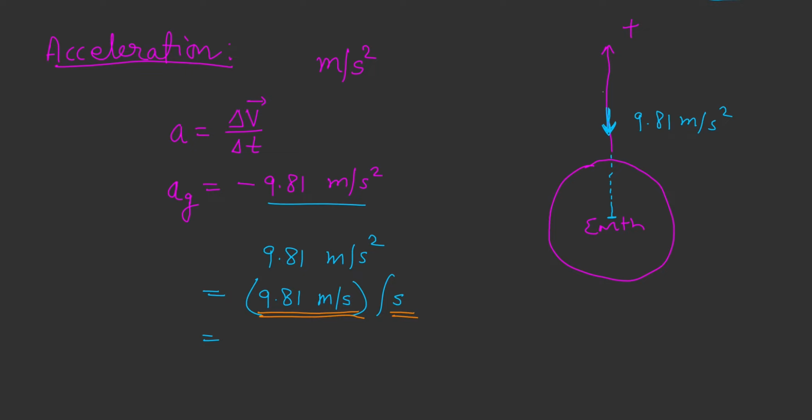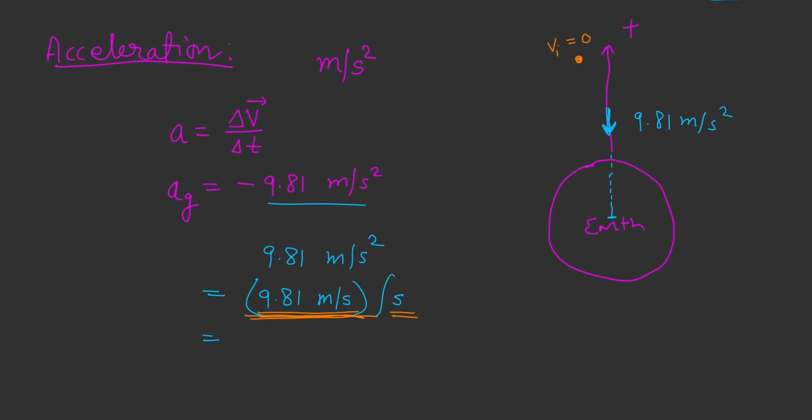Suppose you have an object and it is dropped from a certain height above the Earth. Its initial velocity Vi is 0. So what will be its velocity after 1 second? The velocity change is going to be 9.81 meters per second every second, and this direction is downward.